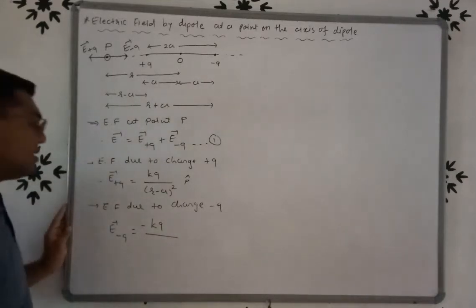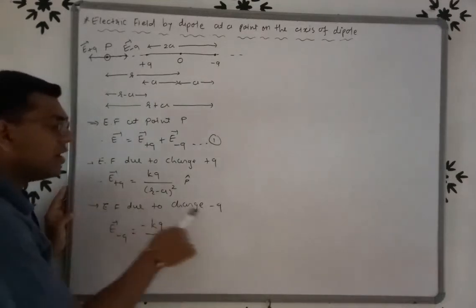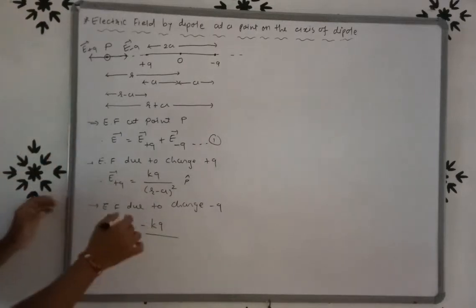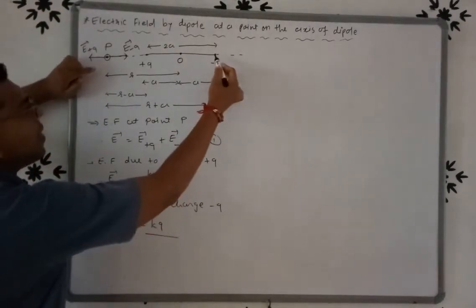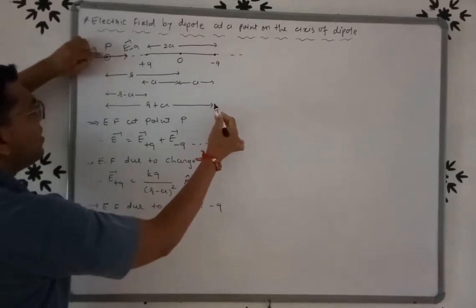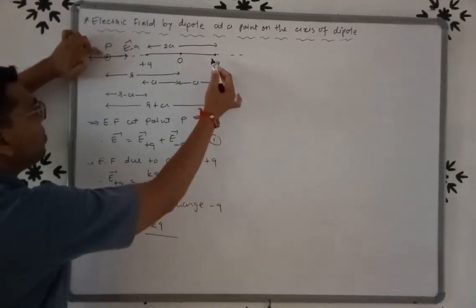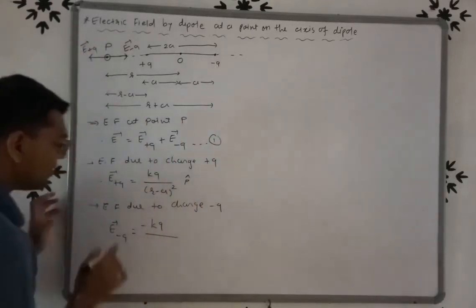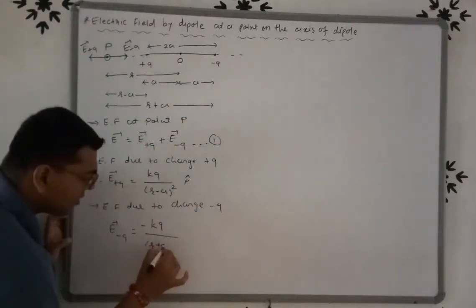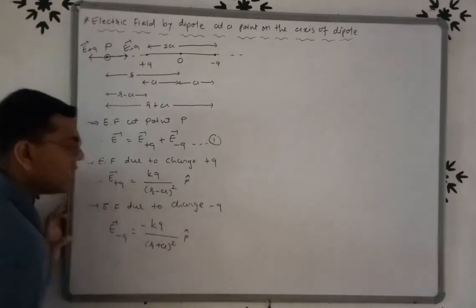But r is the distance between minus Q and the point P where we have to find the field. So the distance between P and minus Q is r plus a. So here r plus a whole square, P cap.